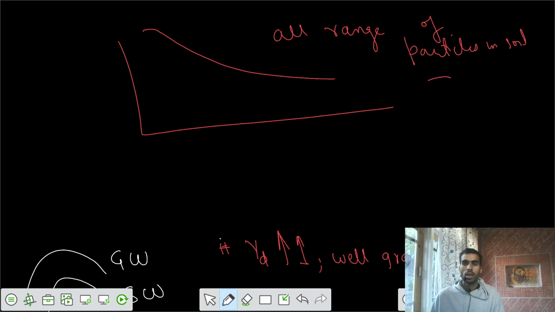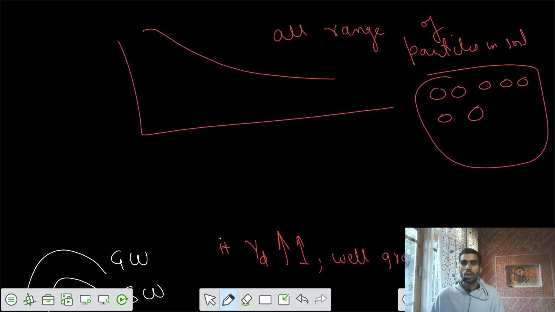So if there is a soil mass, we're having bigger particles, and in between the bigger particles we are having a few voids. Let's say the voids are filled by other particles of smaller size.